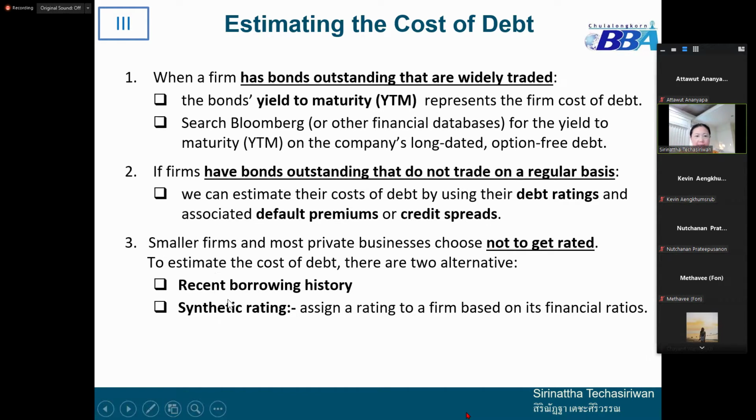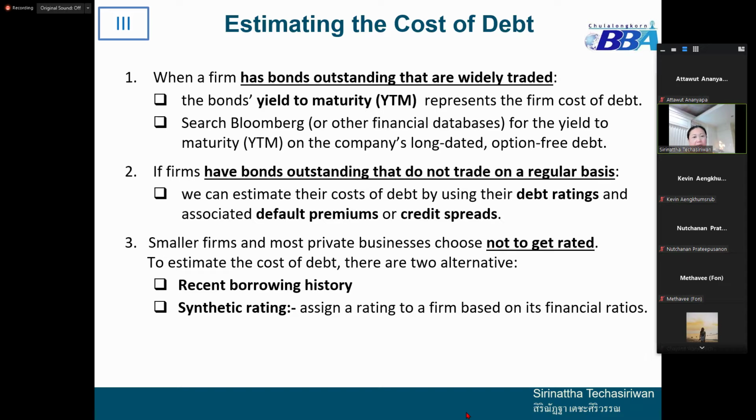But if it's lucky that the company just borrowed from a bank, you can refer to that cost, right? Because we say, okay, the cost of debt, this is the current cost. So if the company has borrowing from a bank, but the company borrowed maybe 10 years ago, that might not be relevant, because the interest rate that the bank charged to the company 10 years ago might not reflect the current rates of the company.